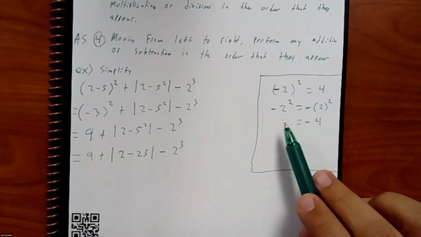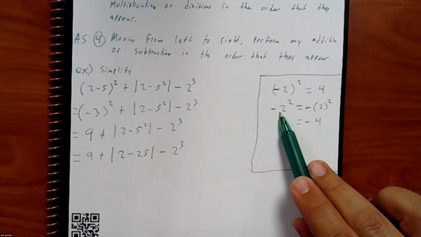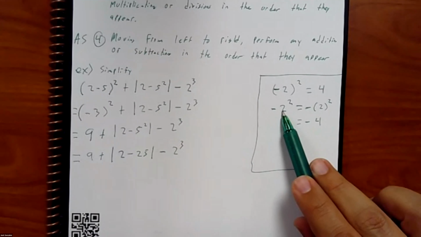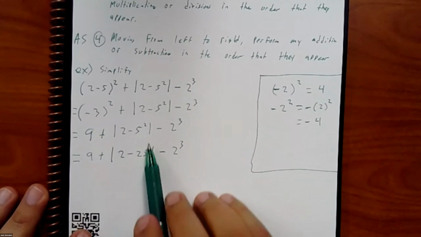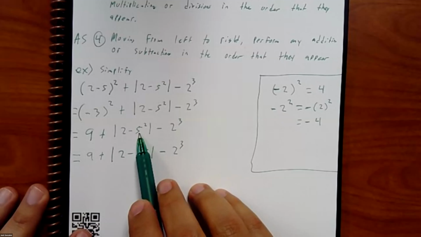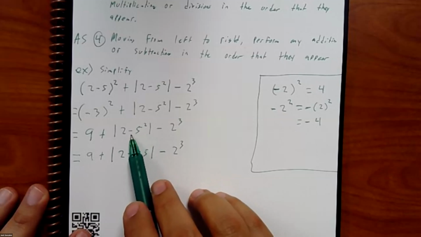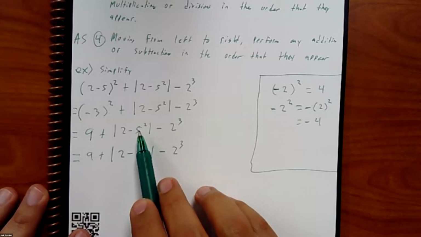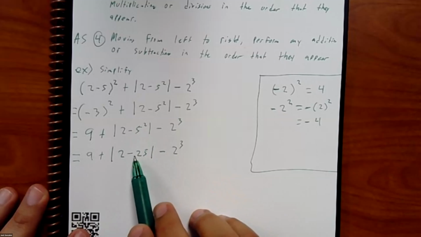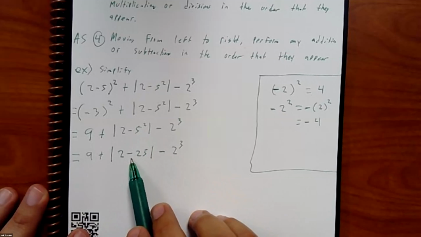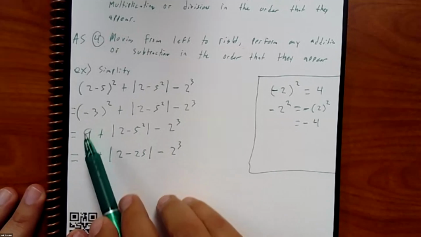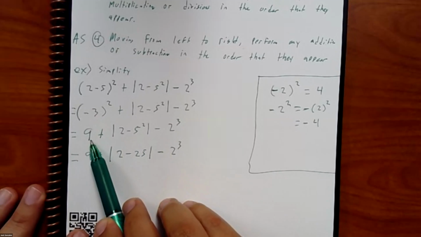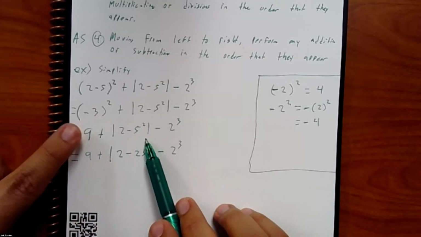If you see this anywhere, this is what they mean: you're not squaring the sign, the power is only on the 5. 5 squared is 25. That minus is still waiting for me. Over here, I squared the sign, so it's positive. There's a difference. Is that clear to everybody?